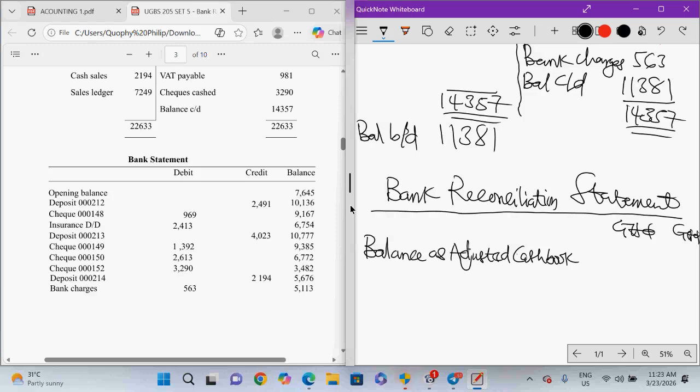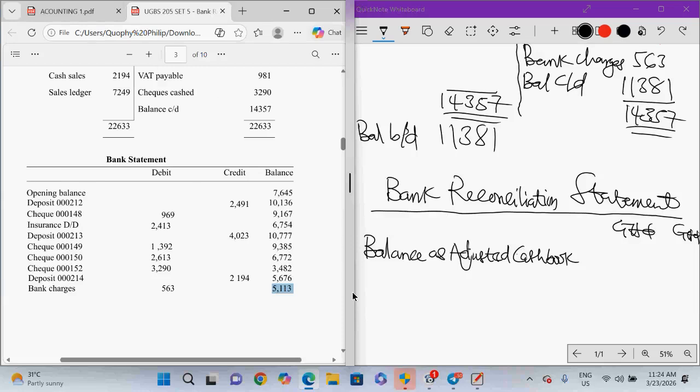What is the figure for that? 5,113. So you can start with the balance as per the bank statement, but I will be starting with the balance as per adjusted cash book, which is 11,381.